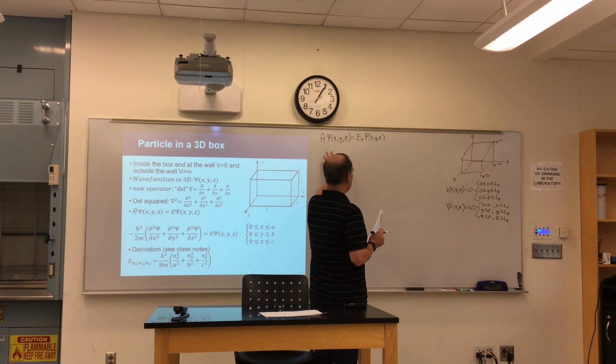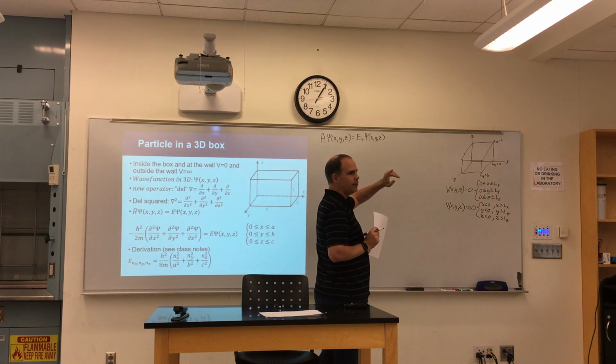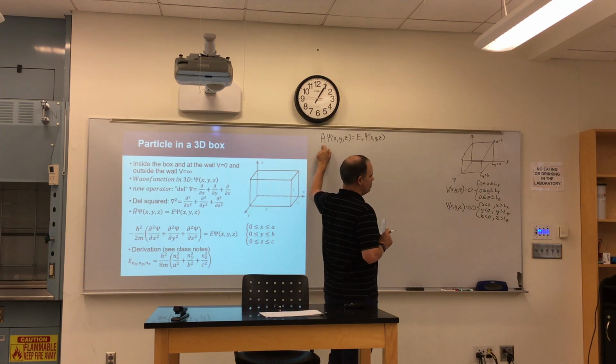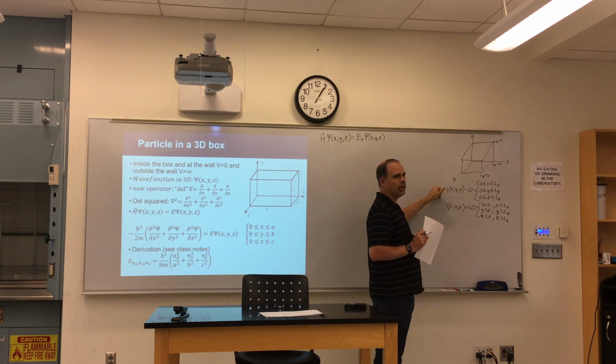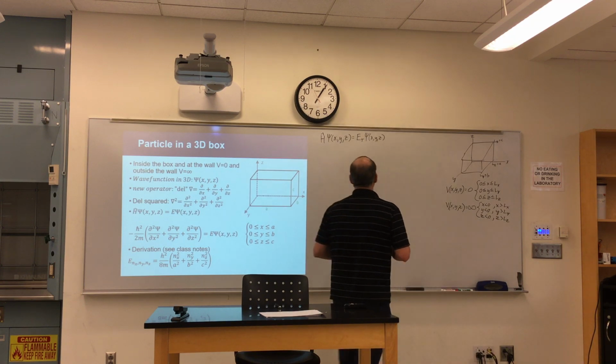Okay, so as long as we're talking about being inside the box, for the Hamiltonian we're not adding any potential energy to it, right? It's only the kinetic energy in the x, y, and z direction.